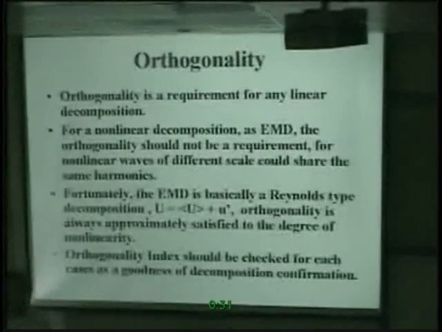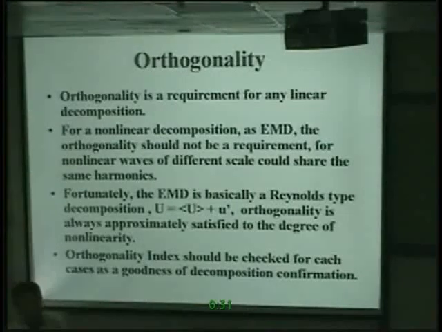Now in our case, EMD is not exactly Reynolds, but Reynolds type, because I always take the components as a fluctuation from the mean, and the mean is always the next one. This mean is not the overall mean, but a local mean, defined by the upper and lower envelopes. So this orthogonality is always approximately satisfied, to the degree of nonlinearity.